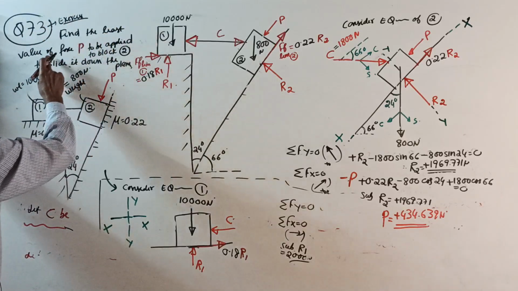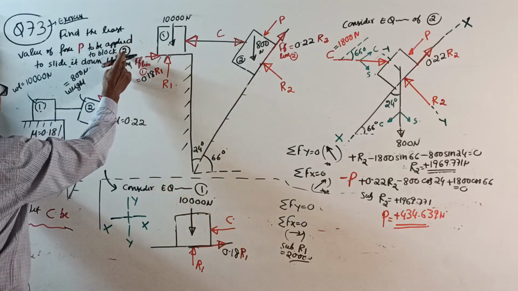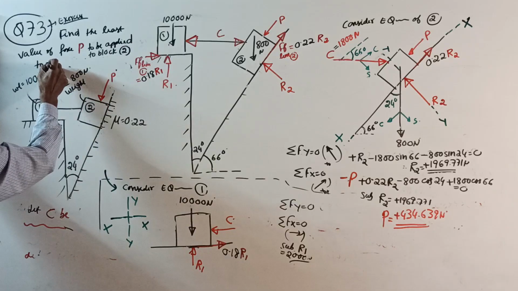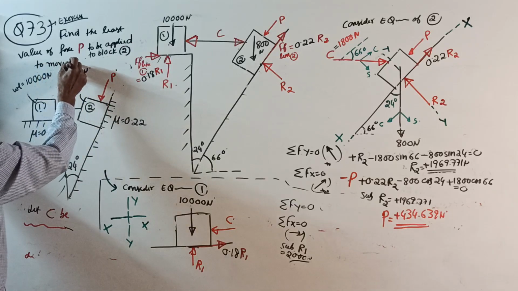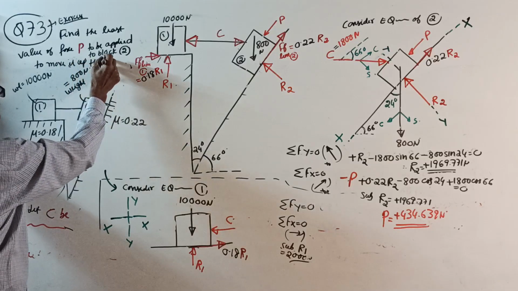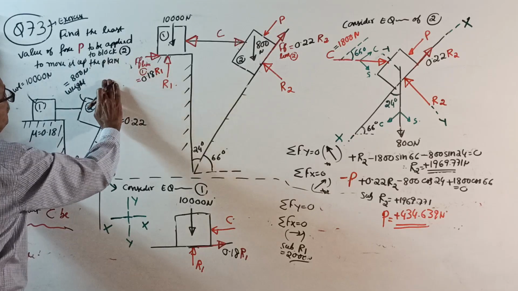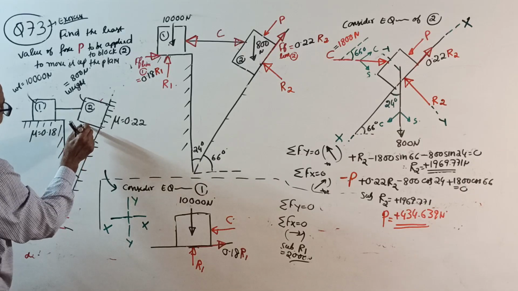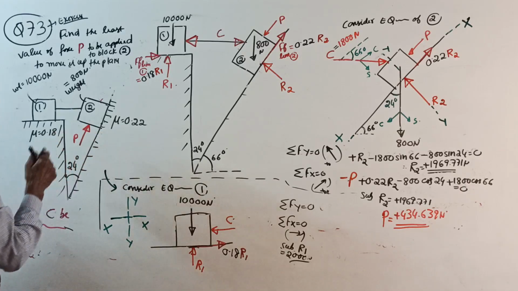Find the least value of force P to be applied to block 2 to move it up the plane. Now your P is here, this way, to move it up the plane. Very easy.